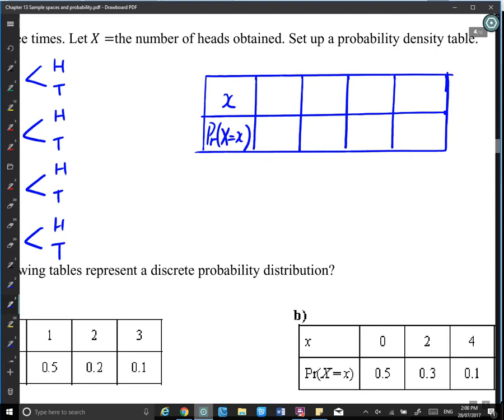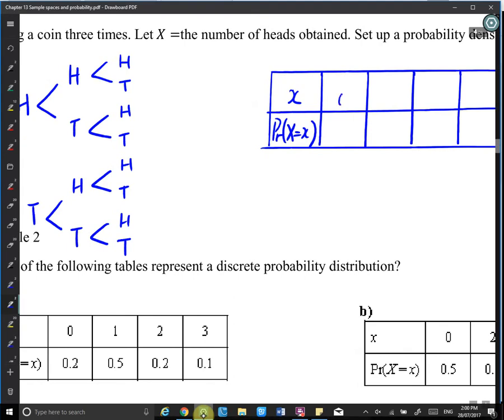That's what we will have. And could you please tell me what X can take? Like what X varies from? Okay, 0 as well. You can have no head, 1 head, 2 heads, 3 heads for tossing 3 coins. Well, can't have 4 heads for sure because it only tossed 3 times. And you can have 0 for sure, like all tails. So I have 0, 1, 2, and 3 above.